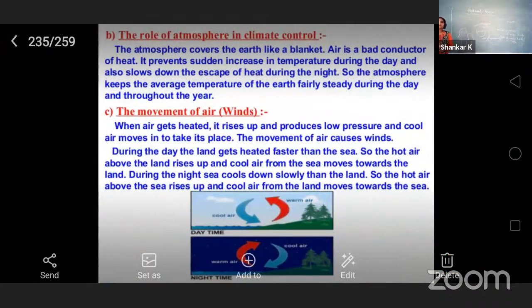Here, the role of atmosphere in climate control. We have already learned in the fifth and sixth standard about the atmosphere, right? What is the process and what are the uses of atmosphere? The atmosphere has 5 layers.